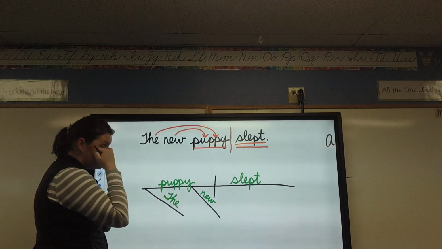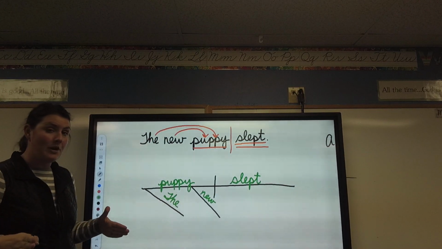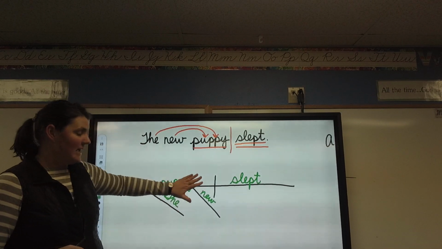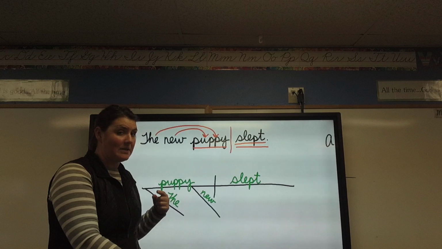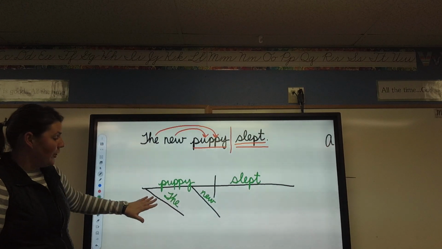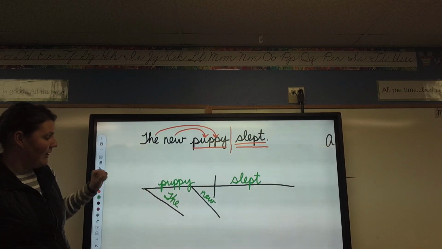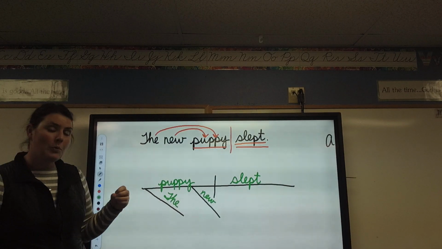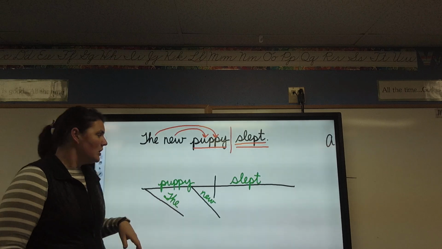New puppy. So now I have every word accounted for in my diagram. And if I wanted to, I could just start with the diagram, and I could go backwards and figure out the sentence. So again, in order to take care of the adjectives, we're putting in what we call parking spaces. Let's try another one.